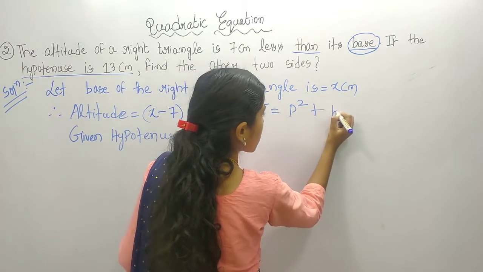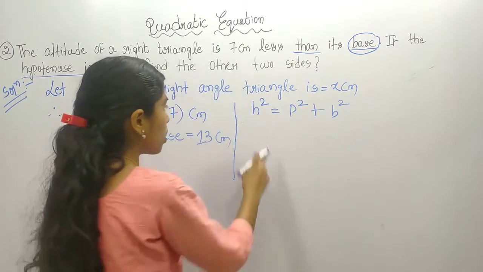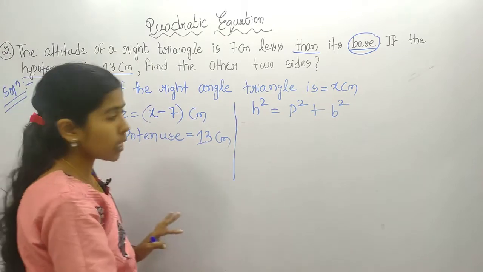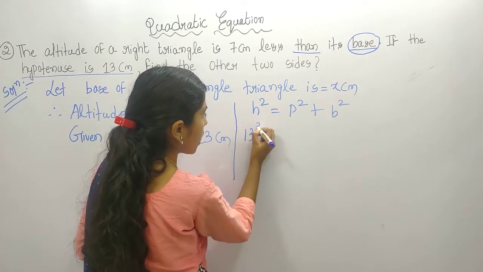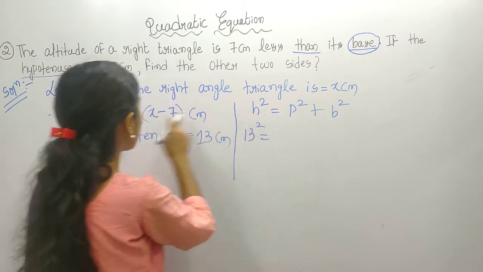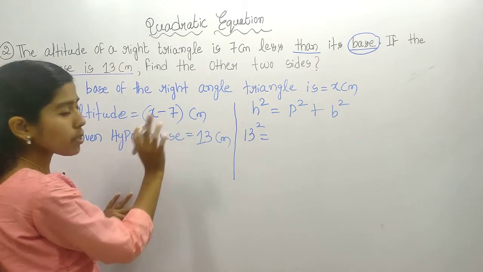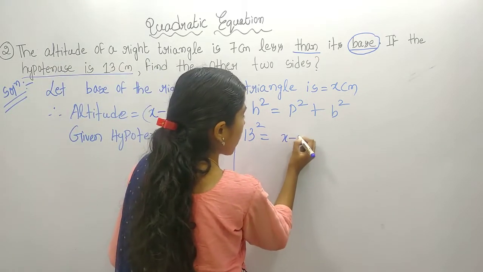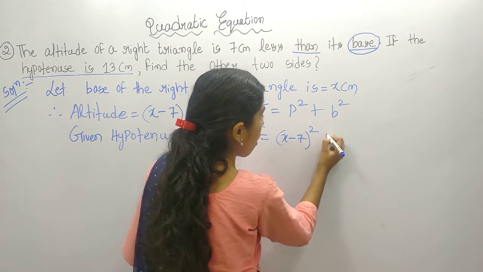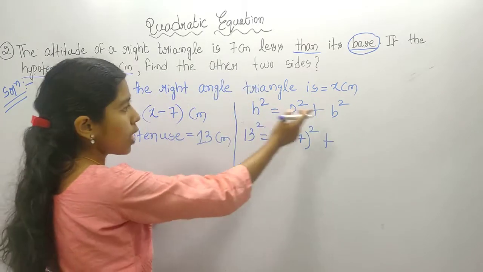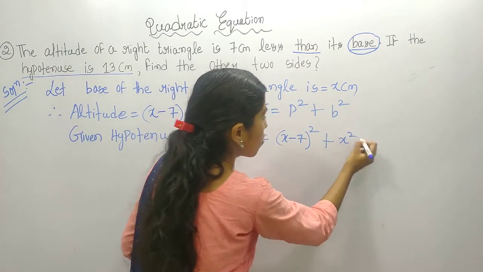So here you see, we know one formula from Pythagoras theorem, that h square equals p square plus b square, right? So here hypotenuse is given 13. So 13 square equals perpendicular, which is altitude, it is x minus 7. So (x minus 7) whole square plus base is x, so x square, right?